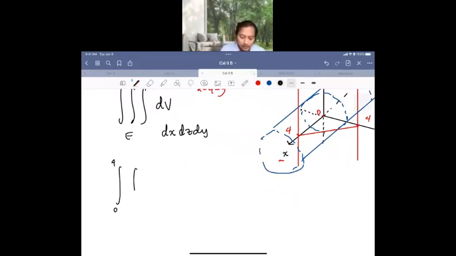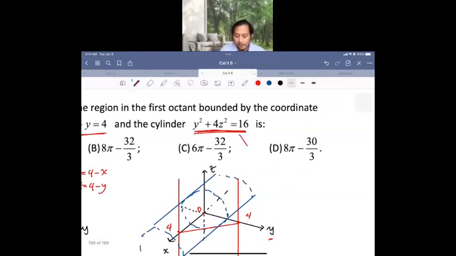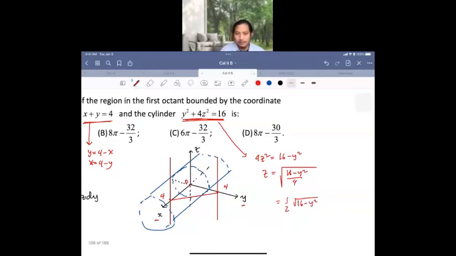And for the inside, we could state from here, let's say z. So 4z squared is 16 minus y squared, and we end up with z being the square root of 16 minus y squared over 4, or half of the square root of 16 minus y squared.